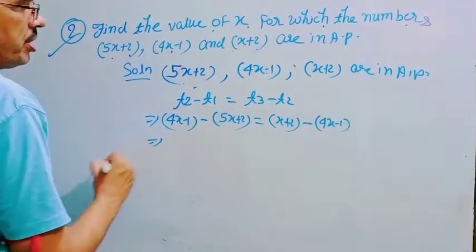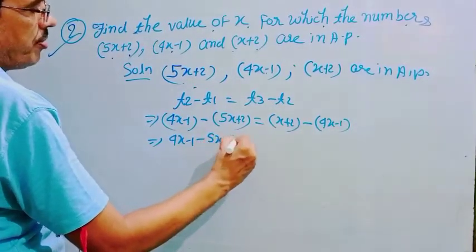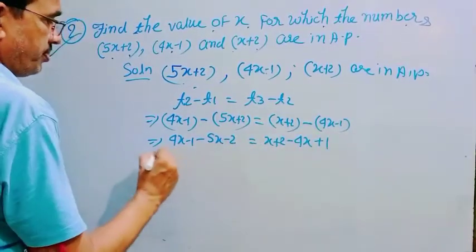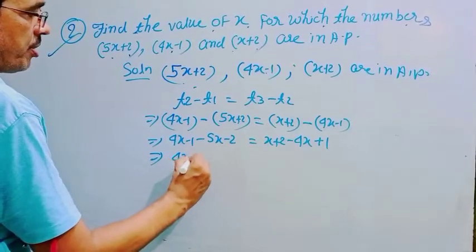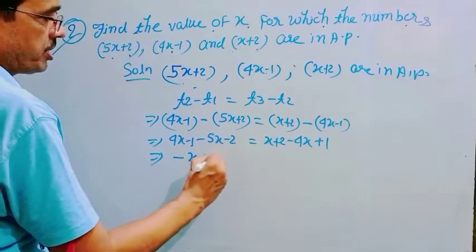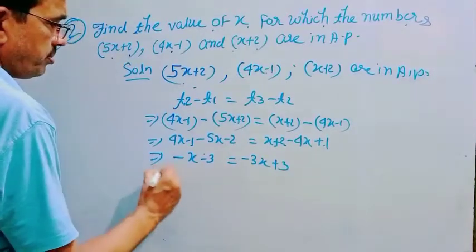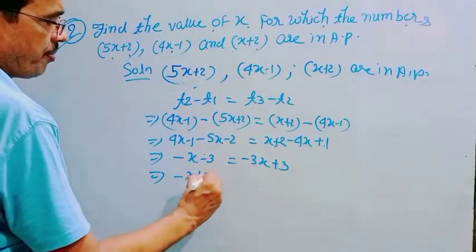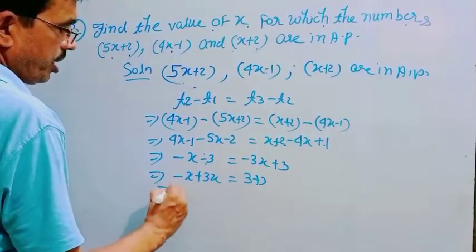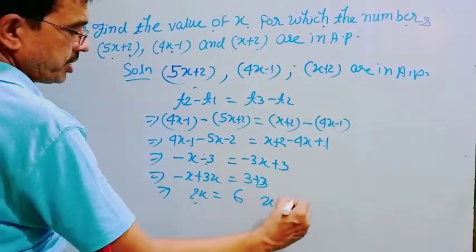That is 4x minus 1 minus 5x minus 2 equals x plus 2 minus 4x plus 1. Then 4x minus 5x gives minus x, and minus 3 is equal to minus 3x plus 3. Then minus x plus 3x is equal to 3 plus 3, so 2x is equal to 6. So what is the value of x? Then x is equal to 3.